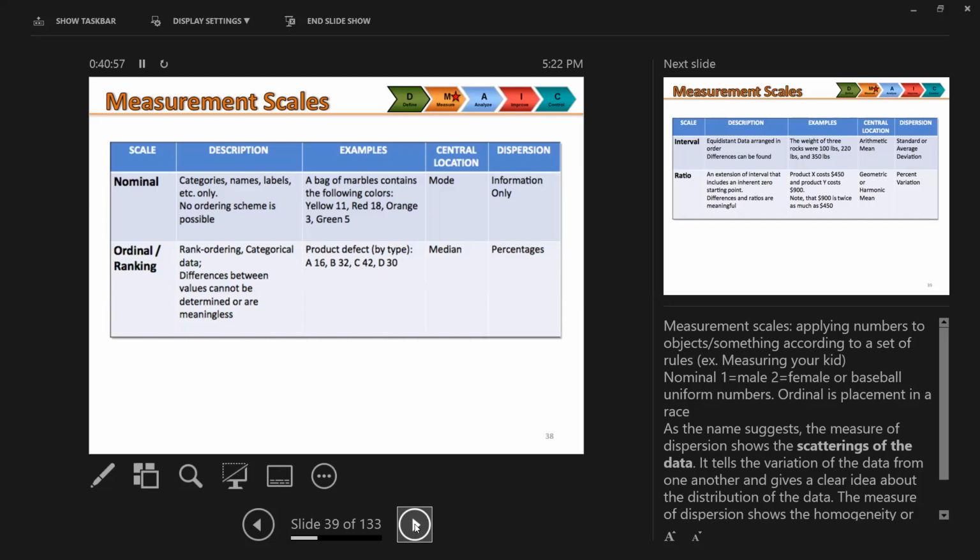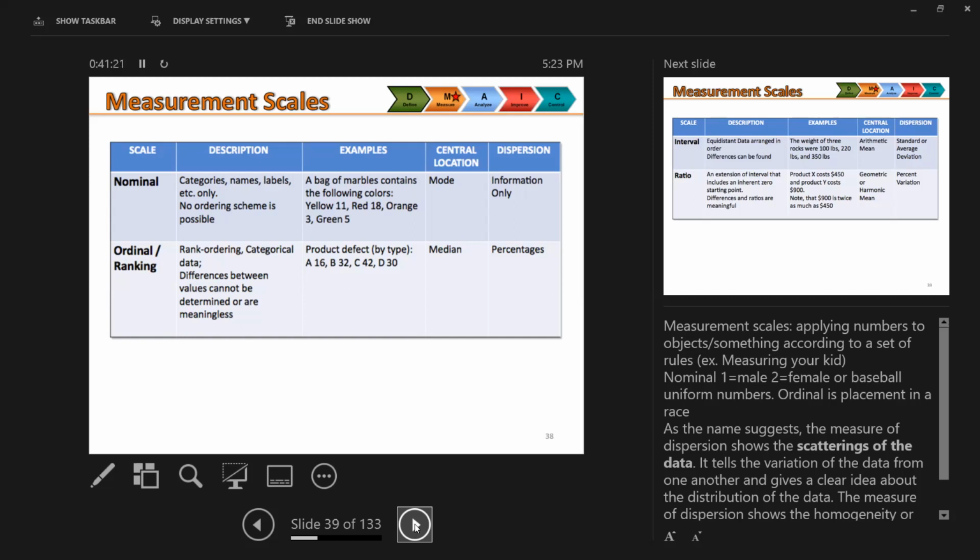There's no order to them. They're just a nominal measurement scale. The central location, which we're going to get into next week, is the mode. The mode is which one occurs most often, compared to the median, which is what's the middle. Then there's average. We're going to get into those more next week, so don't worry about that too much. It's for information only.